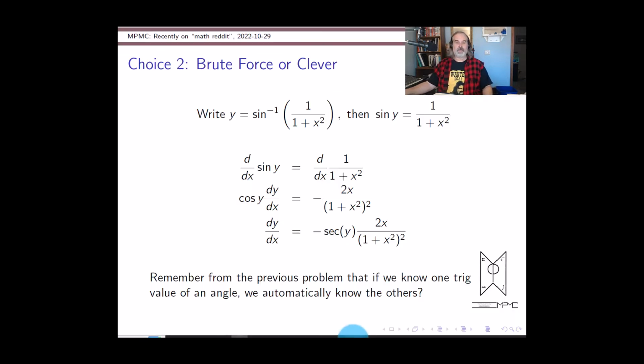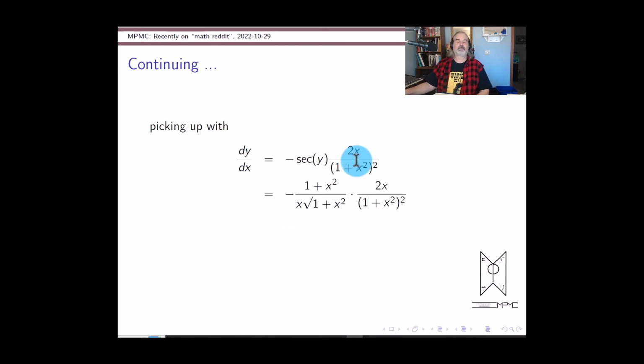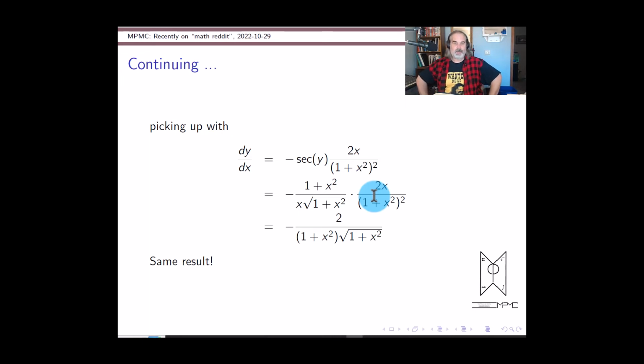And when we plop that information back into our derivative expression, like so, we can see some cancellation about to happen, and guess what? Same result as before. I would say that doing it with implicit differentiation is a little bit cleaner than doing it by brute force, but you have to be comfortable with implicit differentiation.